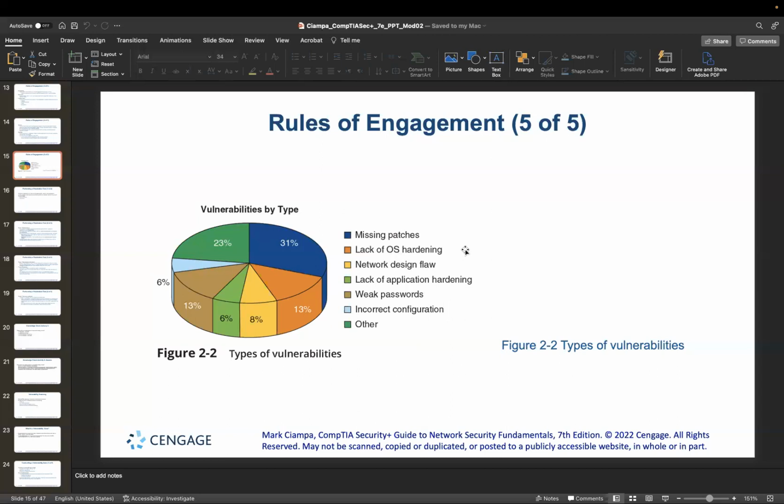Next one is network design flaw. That comes from poor design of the network, not considering segmentation, not considering perimeter protection, having backdoors between different environments, right? Like between the utility environment, the user environment, user land, and the data land, the data environment.